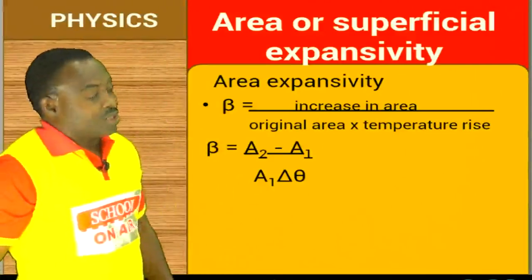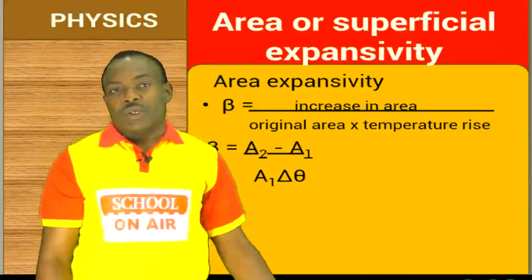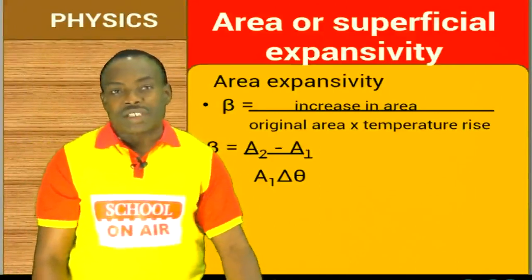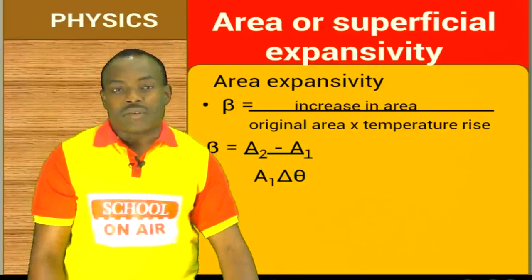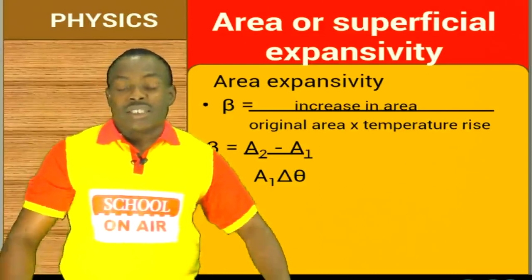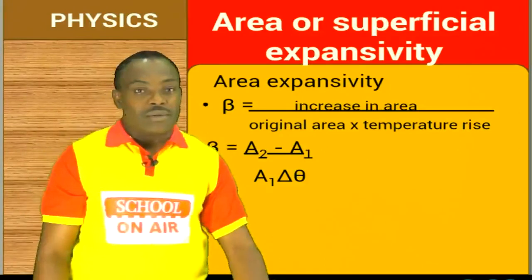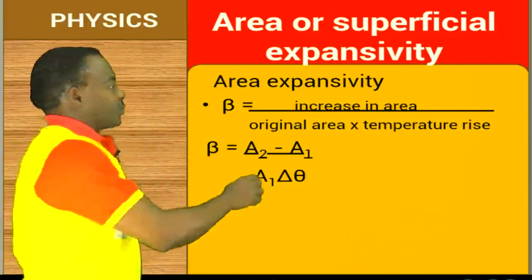Now, having said that, we proceed into the expression. If you have a question under area expansivity and you are told to define it, we've just given the definition. After the definition, the next thing that can come under this kind of topic is the calculations. If you want to calculate the expansion taking place in terms of area of any material, how do you proceed? This is the expression.